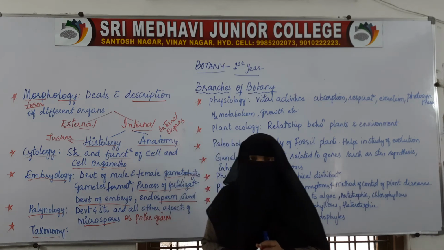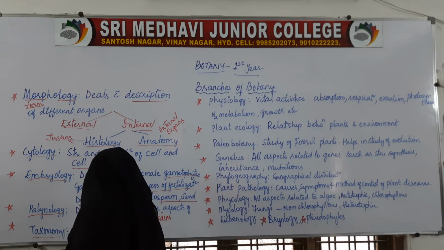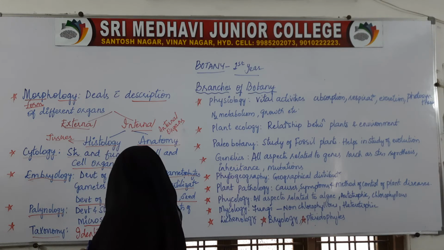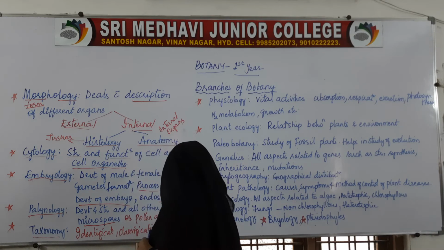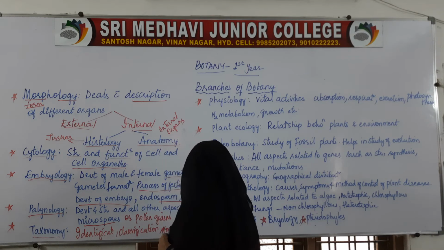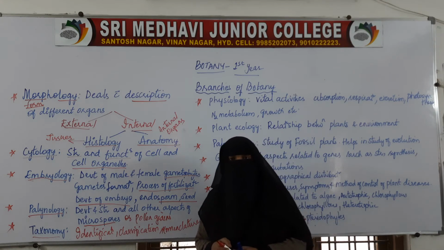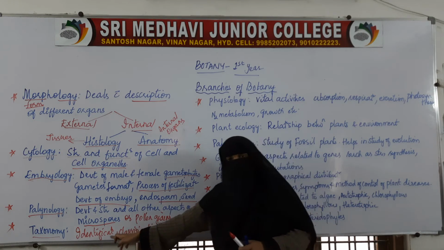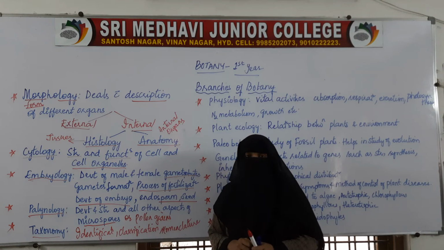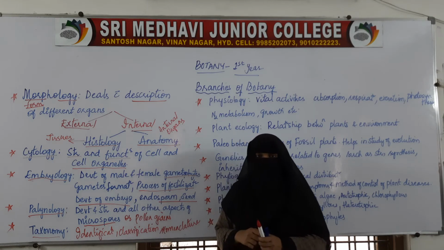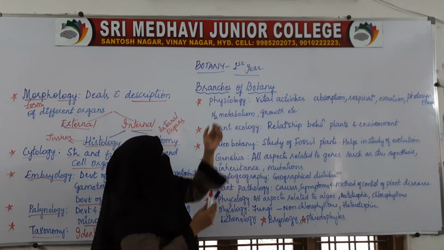Taxonomy is a branch of science which deals with identification, nomenclature and classification of different living organisms into different taxa. That is called taxonomy. And next, another branch, physiology.